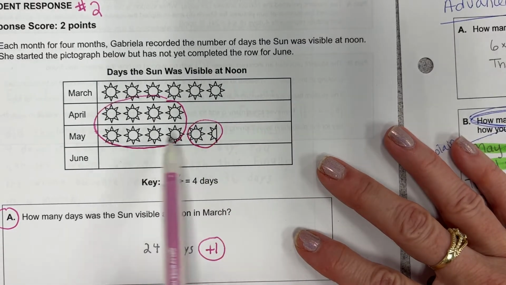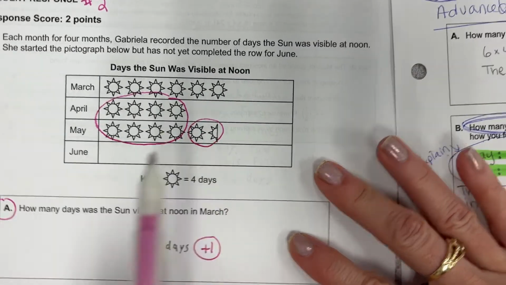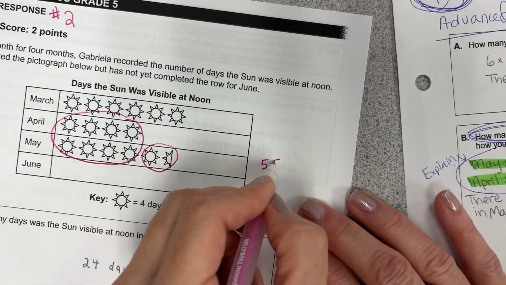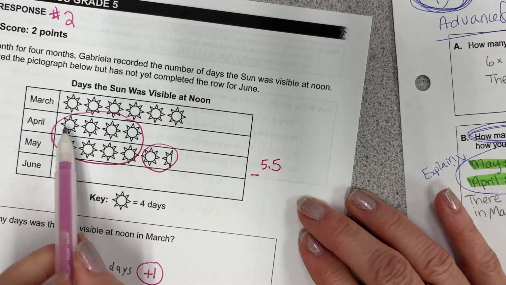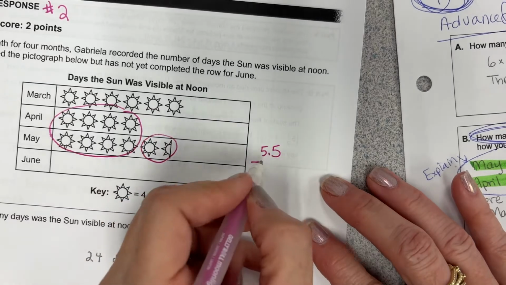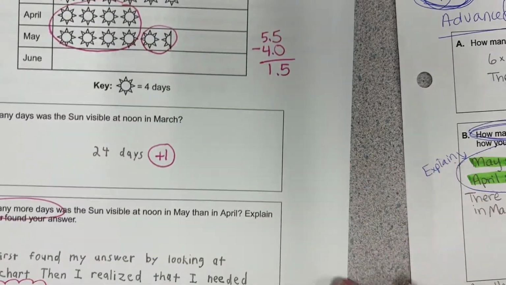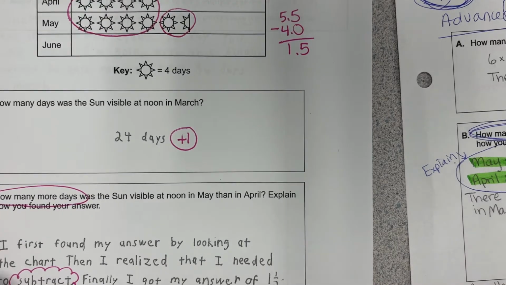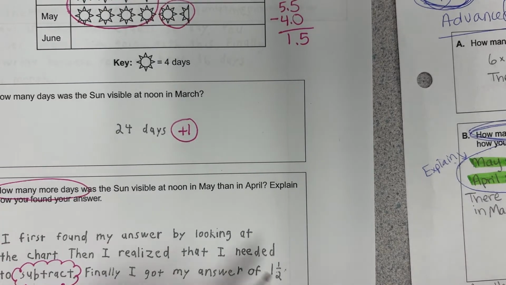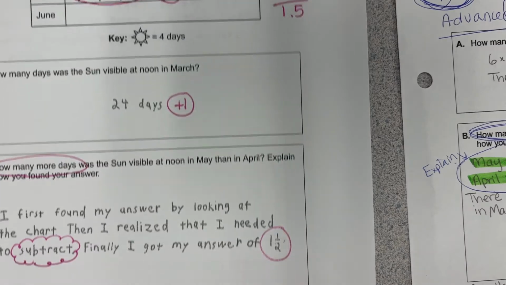So if you take 5 1/2 suns, 5.5 suns minus 4 suns, you get 1.5. So I think what's happening here is that they got to the 1 1/2.